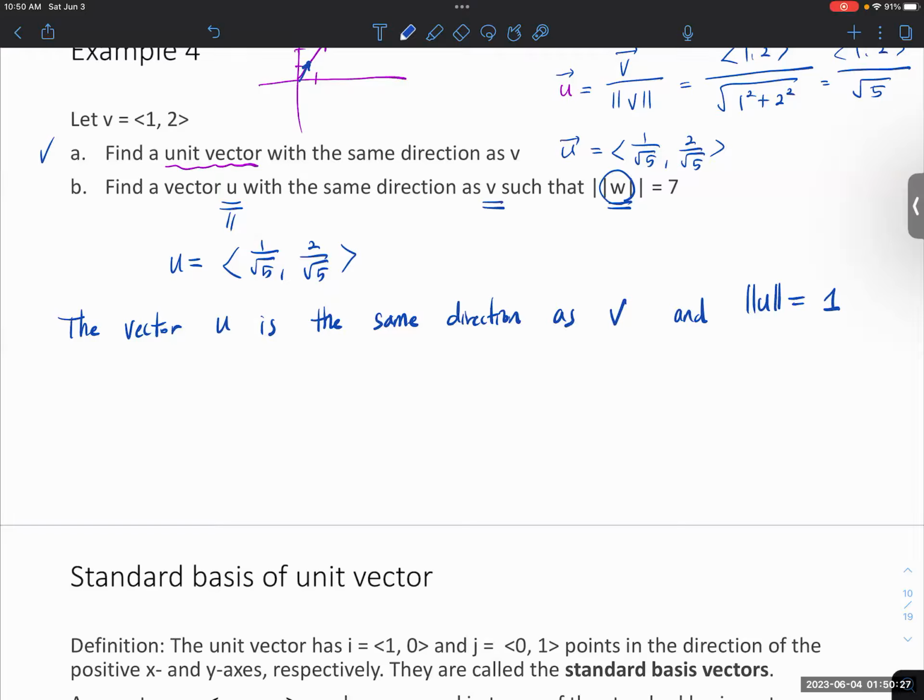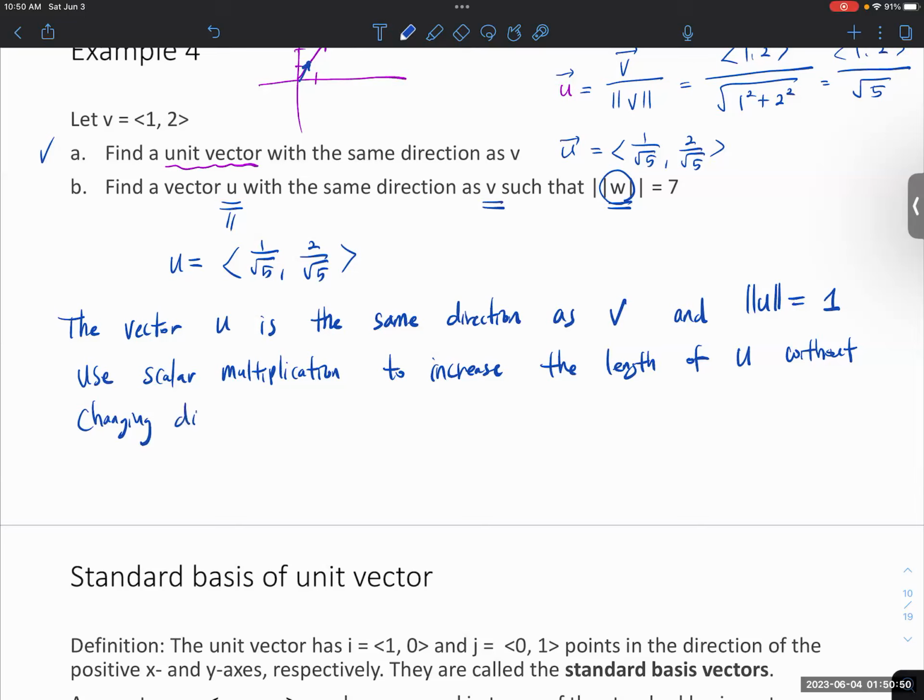So what does it mean? Use scalar multiplication to increase the length of U without changing direction.